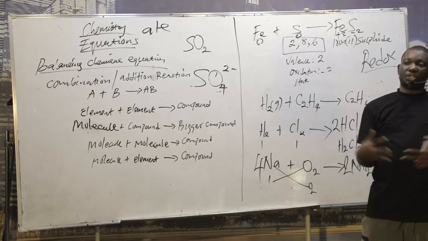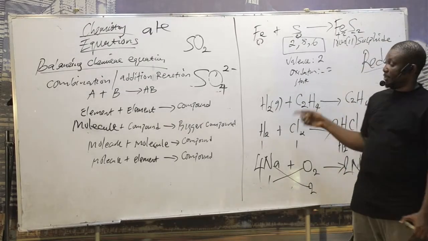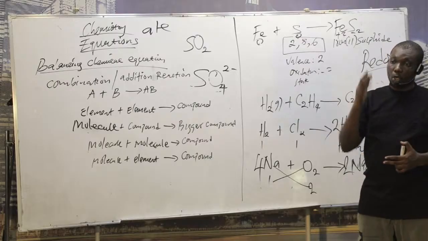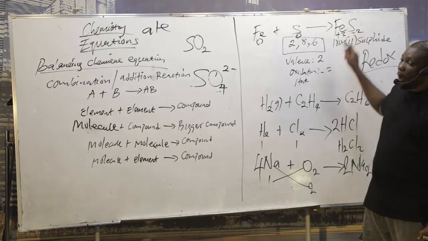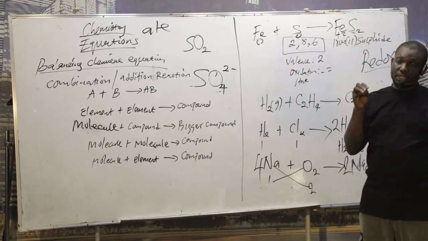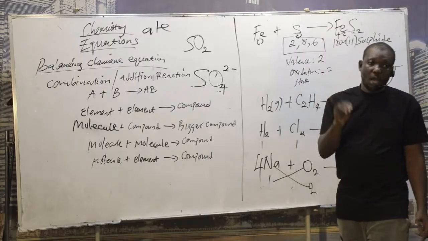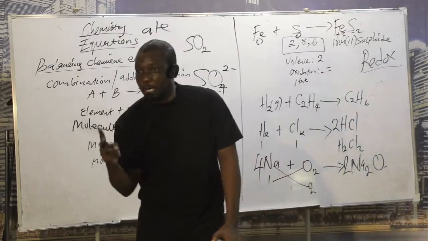Then, in combination, since sulfur and oxygen belong to the same group, if combined oxygen is -2, combined sulfur is also -2. There is a rule that also says the sum of the oxidation numbers of the atoms of elements in a compound must be what? 0.